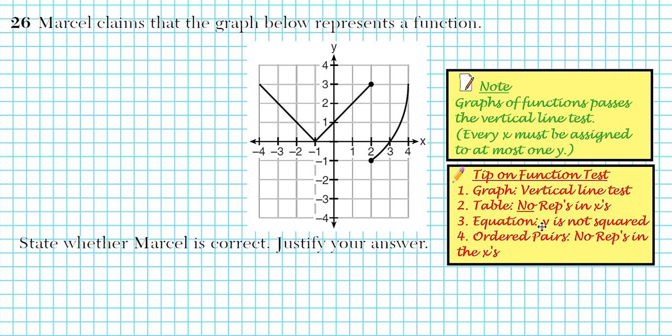If you're given an equation, focus on the y's. Make sure that the y in the equation is not squared, all right? If you're given ordered pairs, note that you want to focus on the x's. Ensure that you have no repetition in the x's. Okay, so that's just a little tip for you to determine if a relation is a function or not.